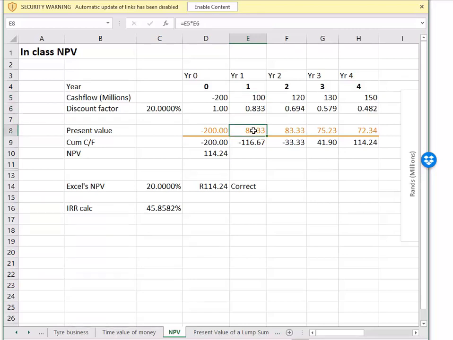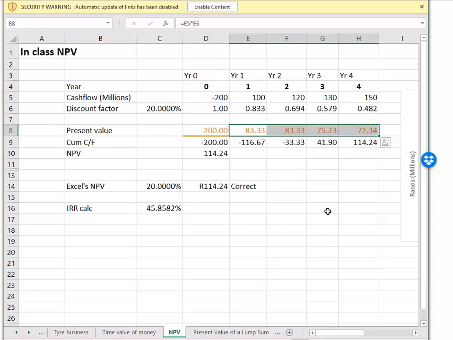Multiply it by the factor and you get the present value. And we repeat this process for each of the years, and this is the discounting process if you want, in order to determine what are the future cash flows after they've been discounted and after we've adjusted for inflation and risk.